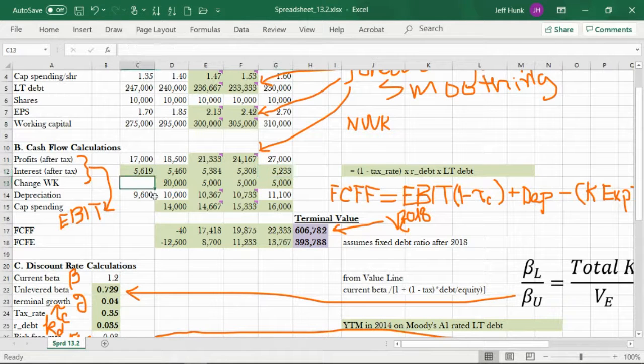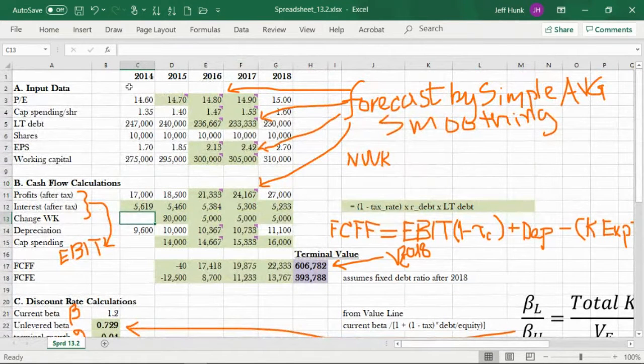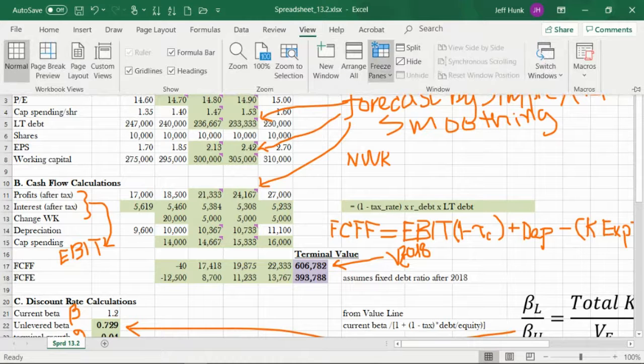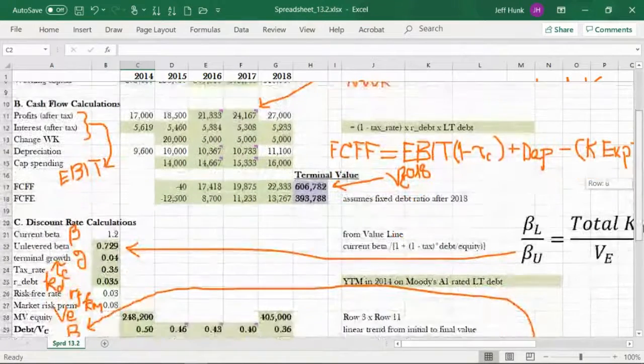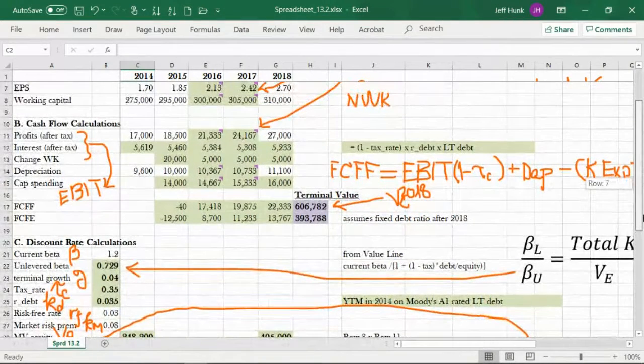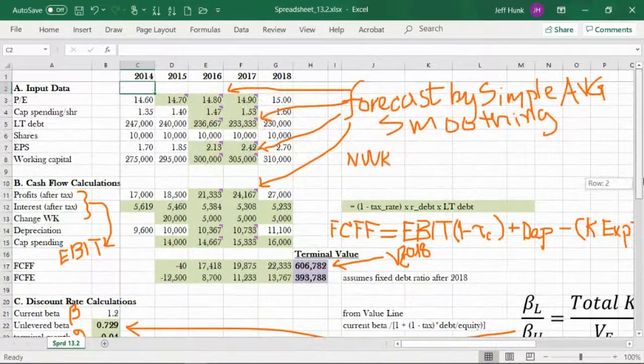And then change in working capital. You don't have this data for 2014. Let me do this. If I freeze pane, then the labels will still be there as I scroll down or left to right. But think about it. Change in working capital.